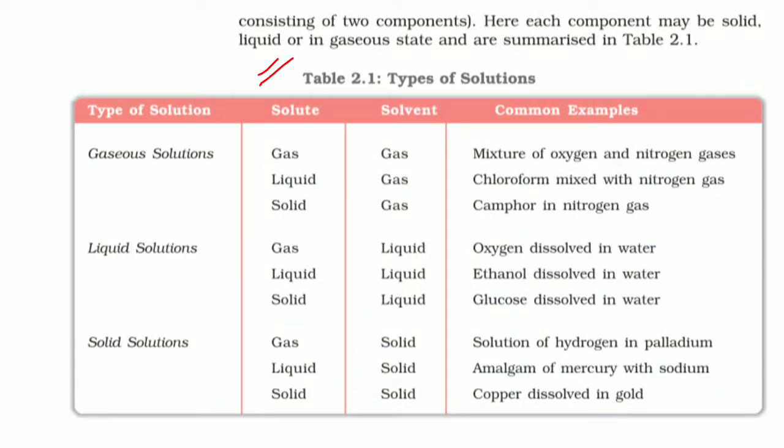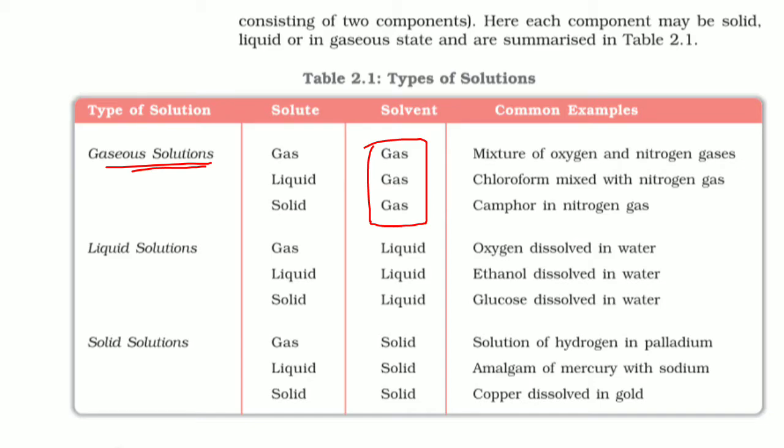So we already know that in the case of binary solutions only one solvent and one solute will be there. The solution is mainly defined by the nature of the solvent. That means if the solvent is in gaseous form, then that solution will be a gaseous solution.